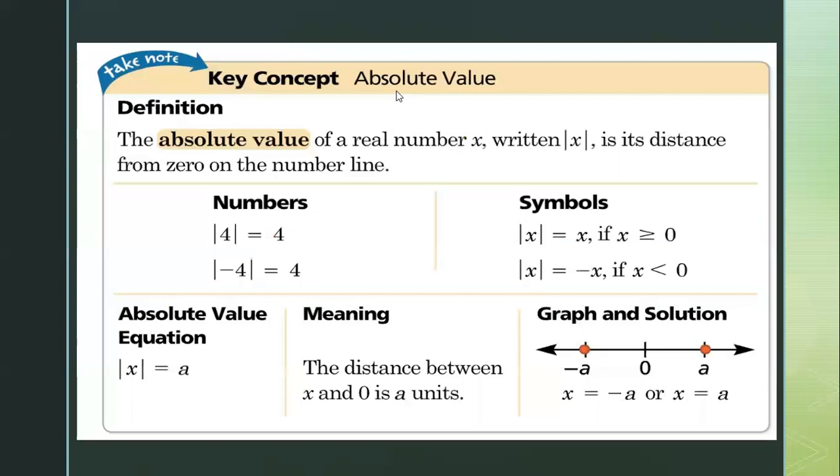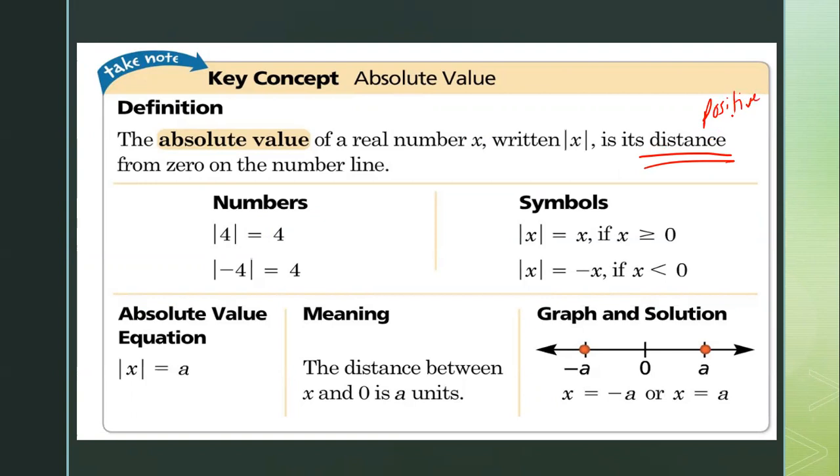All right, so at the top of your page, you have these key concepts. Starting off with the definition, the absolute value of a real number x, written with bars, is its distance from zero on the number line. Because it's the distance from zero, distance is always positive.